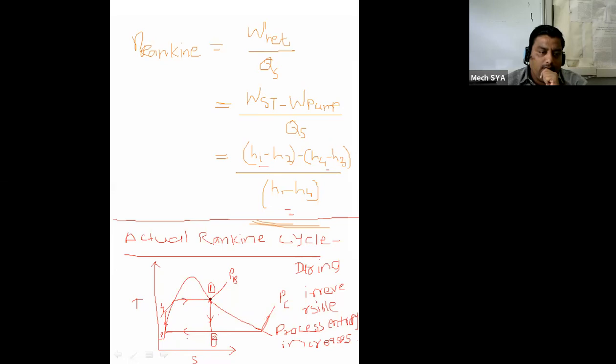So I will draw it. This point will be 2 dash. So this process will be non-isentropic. Because entropy is increasing, it will come to the right hand side. And here also the process of pumping, which is isentropic, will not remain isentropic. This will also be non-isentropic. So here it will be like this point. Draw some point here.